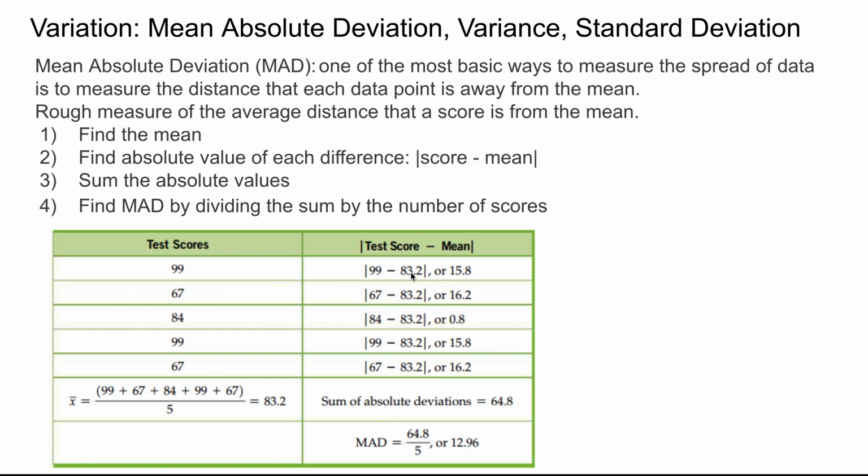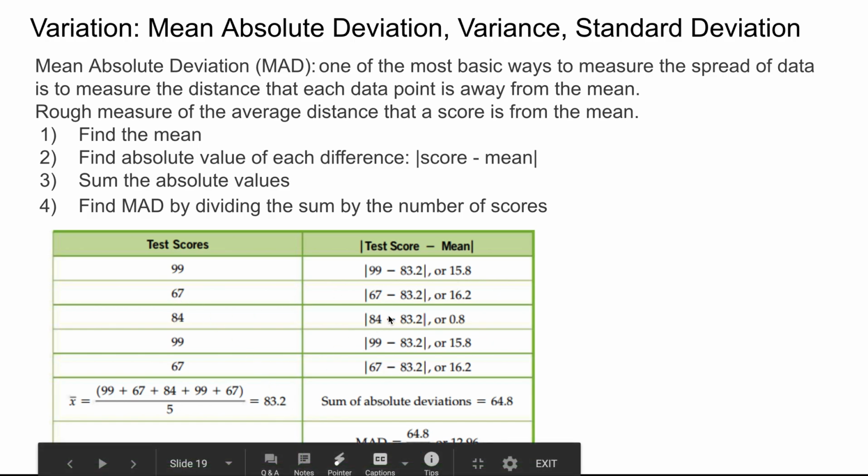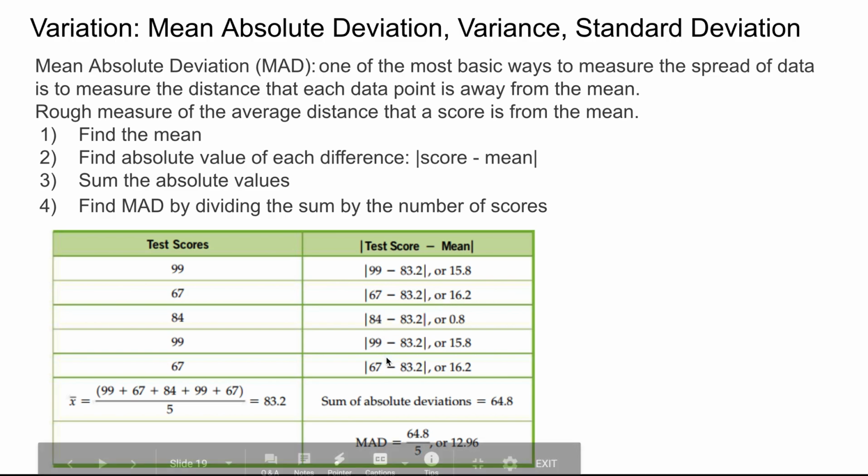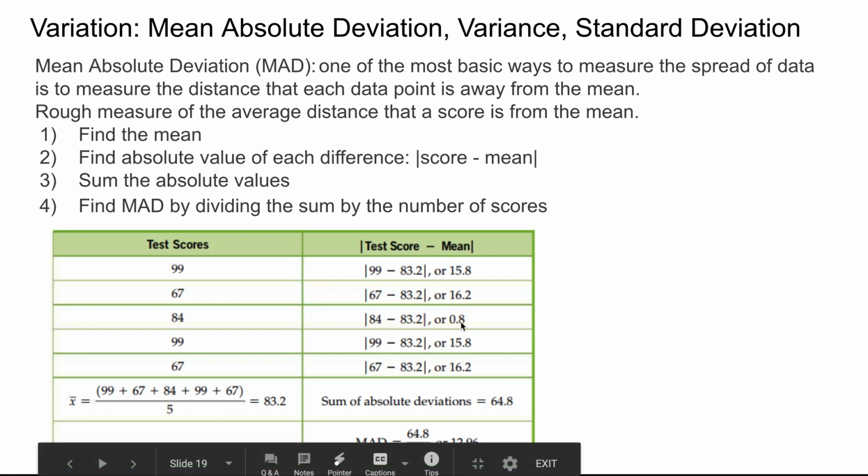That means the order doesn't matter here. You just find the difference between 99 and 83.2. Because it's absolute value, you always get positive numbers, okay? A second one, 67 minus 83.2, and absolute value for that is 16.2. Continue to do that, and then you're gonna find all of these values, right?